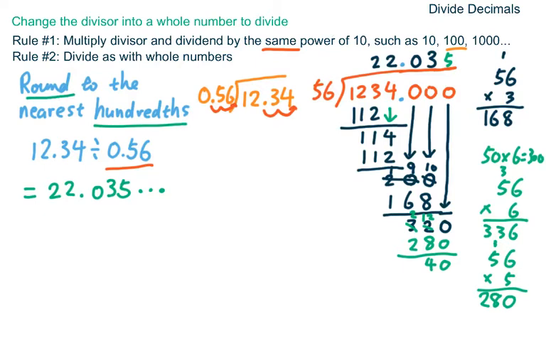So we're going to write is approximately equal to 22.04. So notice how I changed the 3 to 4 because the 5 at the thousandths place is exactly 5. So we still have to round up. So we need to add 1 to the 3 at the hundredths place. So our final answer is 22.04.